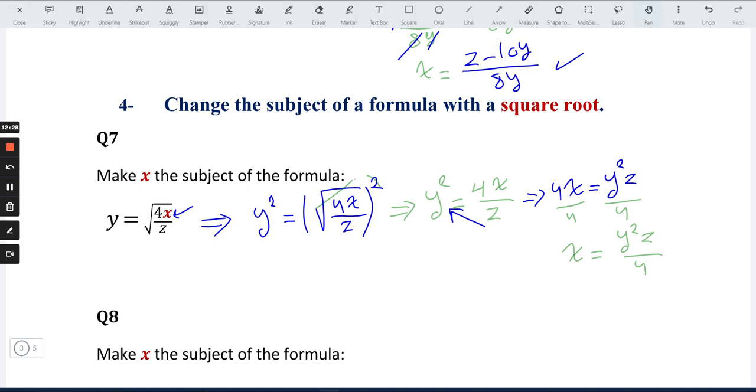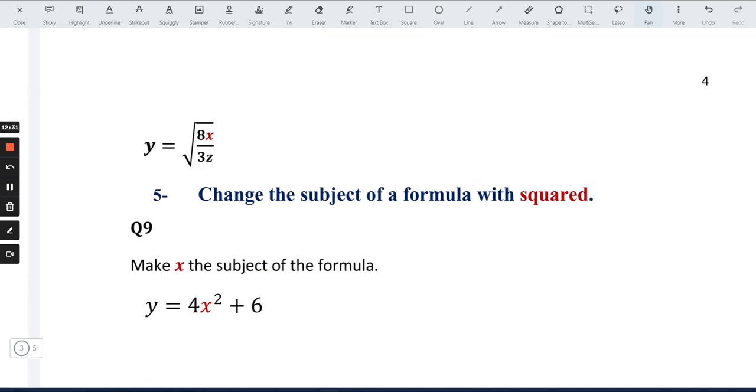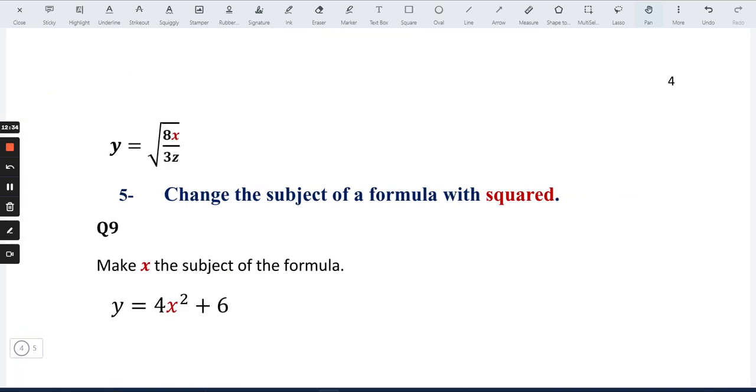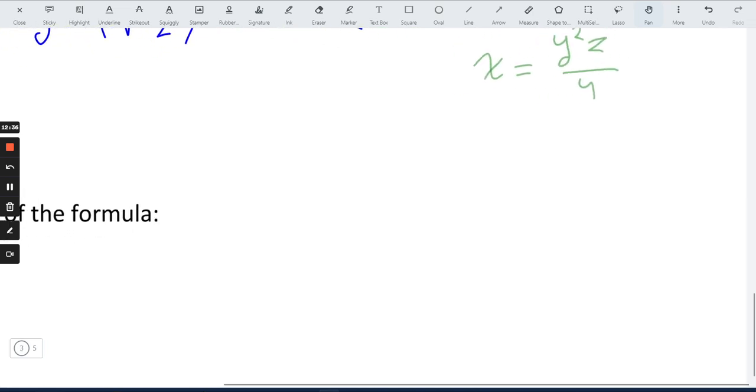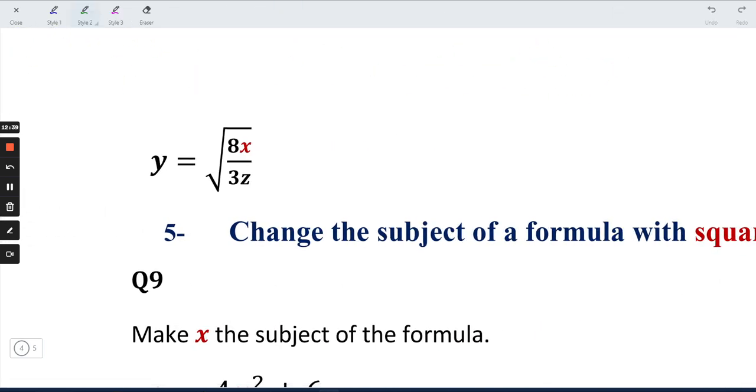Another question here with square root. Here we have y equals square root 8x over 3z. The same step, we have root, so we should undo square root by taking square to both sides. Here we will get y square equal under the square root 8x over 3z.